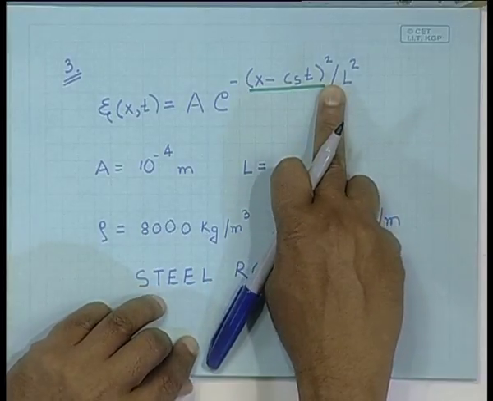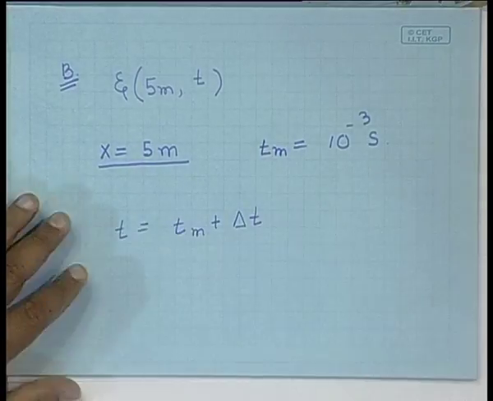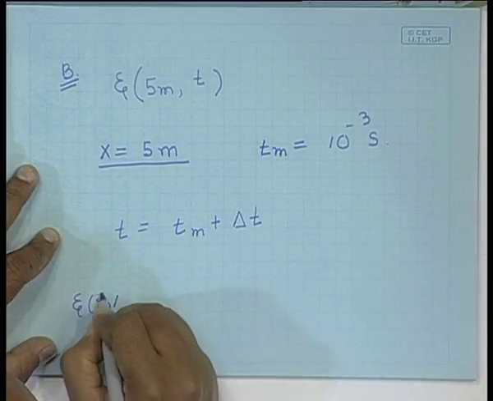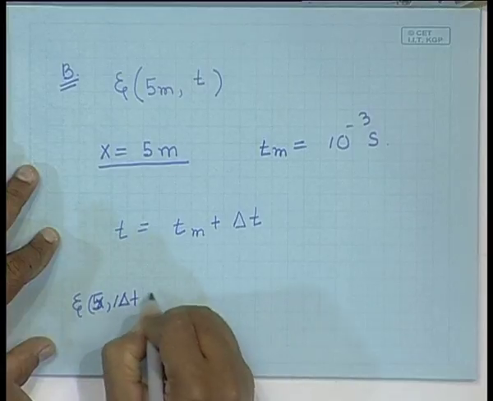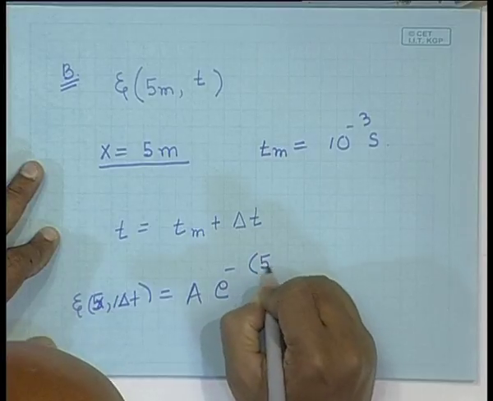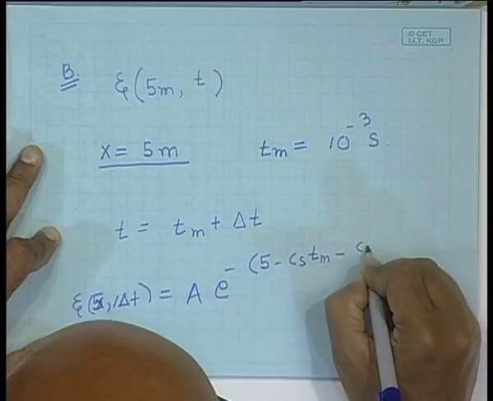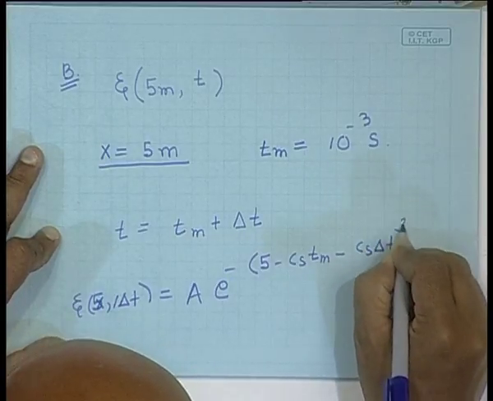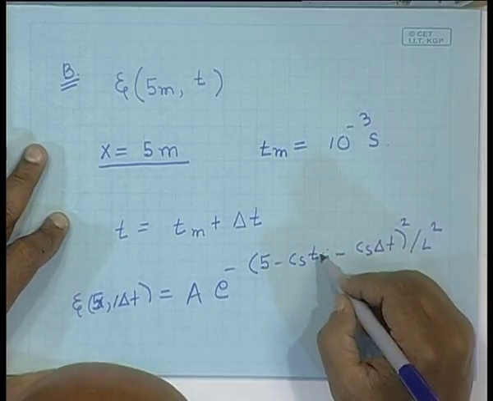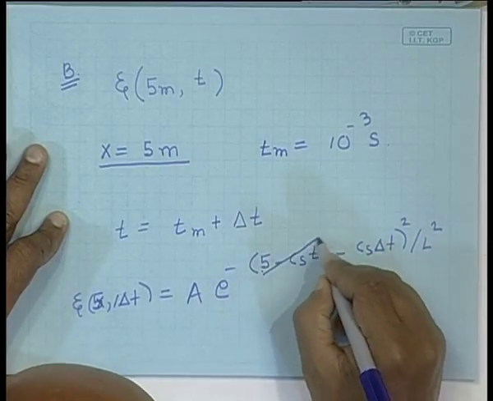So, if I substitute t by t maximum plus delta t, then xi at the point 5 and as a function of delta t now is equal to a e to the power minus 5 minus Cs Tm minus Cs delta t squared divided by L squared, and at the time Tm, when the displacement is maximum, these two exactly cancel out.